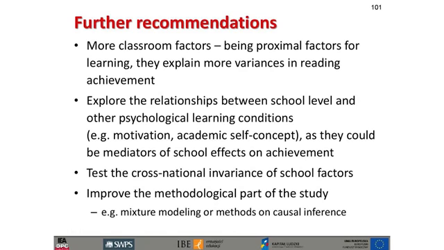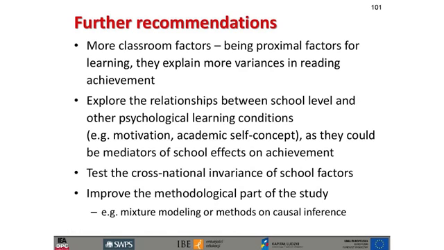Then another recommendation would be to explore the relationships between school level and other psychological learning conditions, because in the model we included not so many individual psychological conditions, but they are important, of course, for learning outcomes: the motivation of students, the academic self-concept, etc.